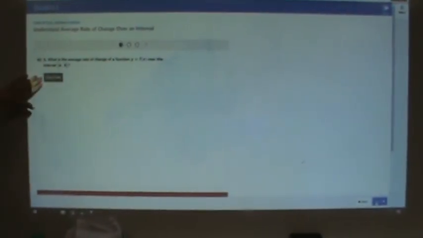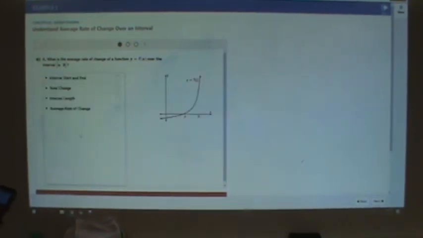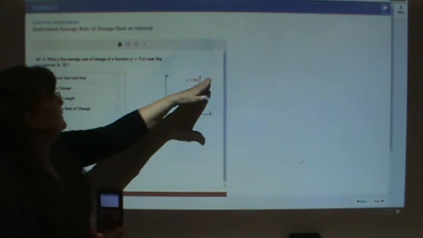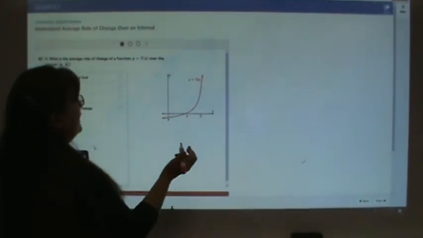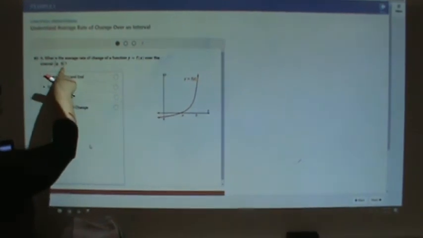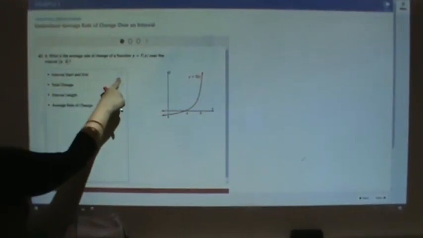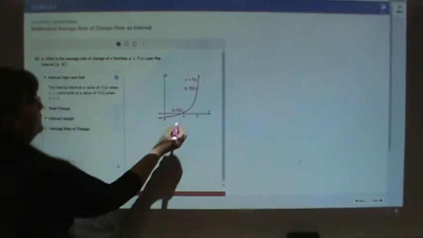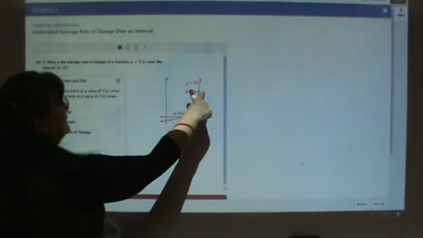So go ahead and hit the solution. All right, so we're looking at the average rate of change from a to b. So go ahead and put where it starts. Okay, so this is where it starts. This is where it ends.